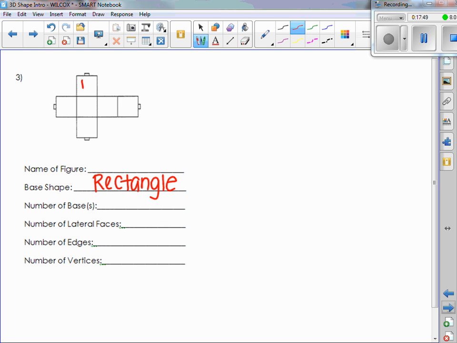And base, if I were to fold it up, so these other 4 pieces would be my faces. Rectangular faces, 2 bases, makes this a prism. It's very important to be able to identify the difference between prisms and pyramids. And because my base shape is a rectangle, this would be a rectangular prism.